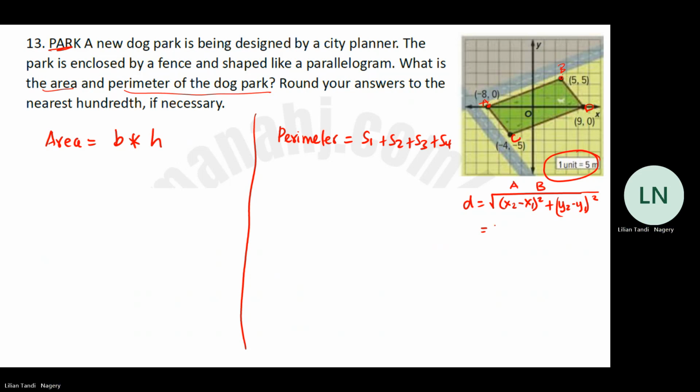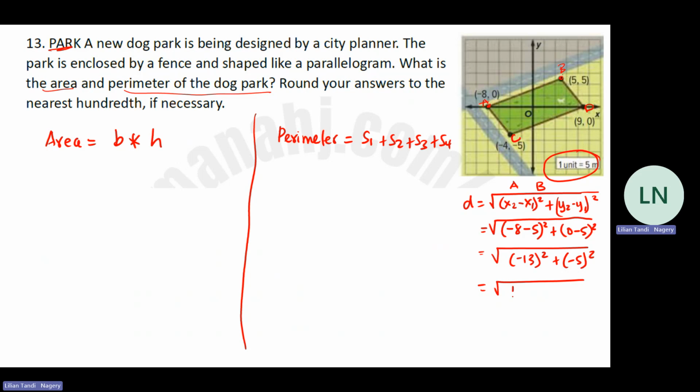Okay. So put the square root of -8 minus 5 squared plus 0 minus 5 squared. So this is -13 squared plus -5 squared. That is 169 plus 25. Okay. So what's the square root?